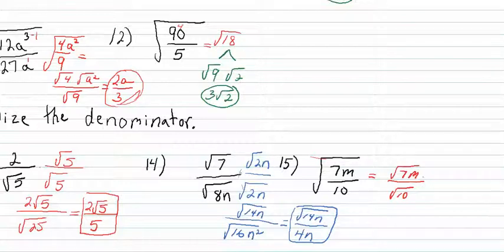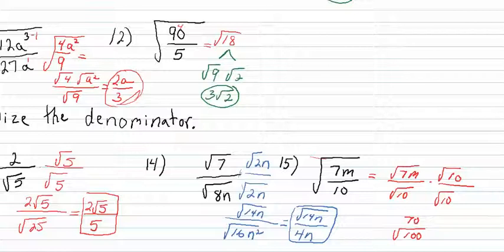Okay, I want to create a perfect square at the bottom, so I'm going to multiply both top and bottom by radical 10, because 10 times 10 is 100. So at the bottom I have radical 100. At the top I have 10 times 7 is 70m, and it's radical.